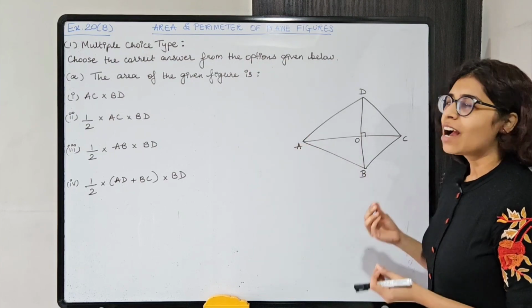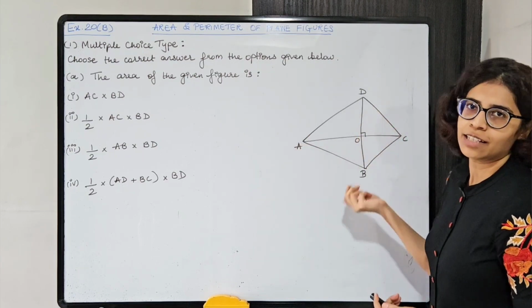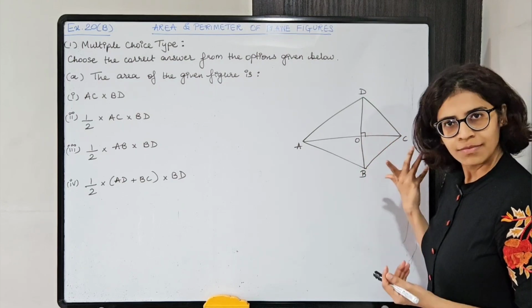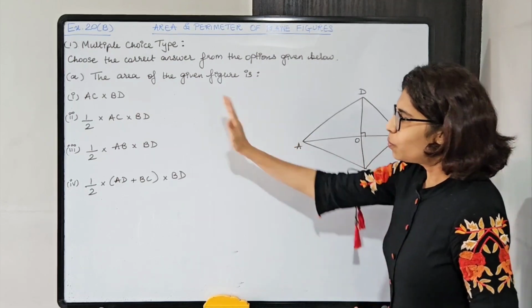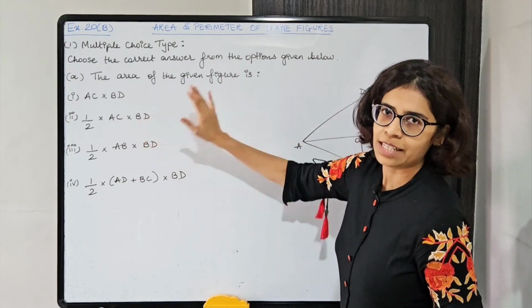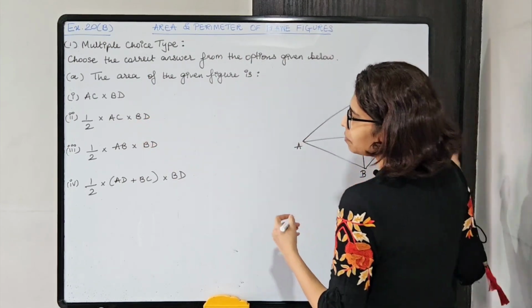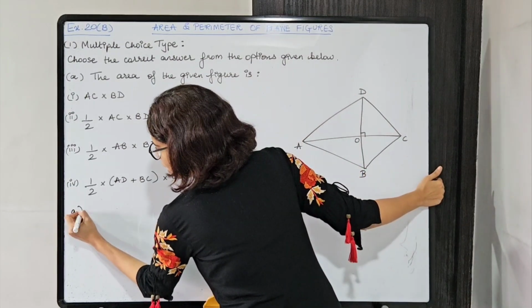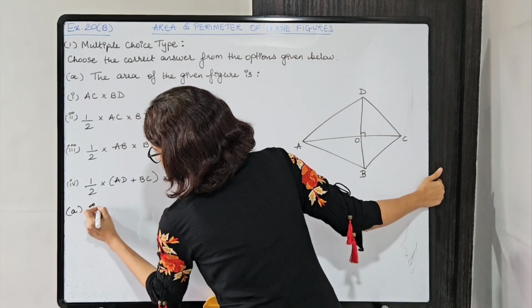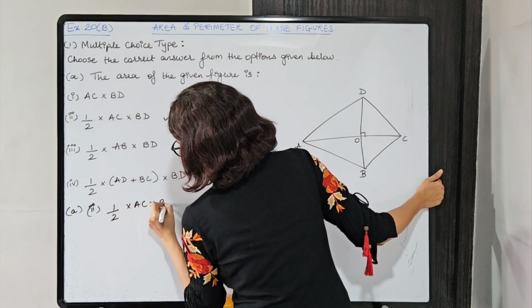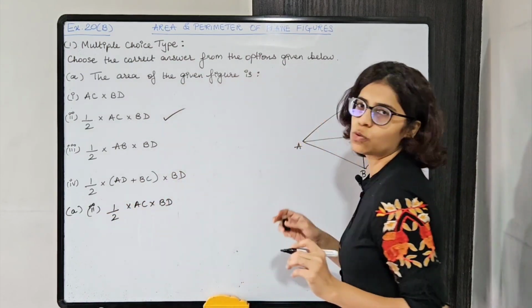Area will be half into product of the diagonals. So half into AC into BD. Okay. So over here the correct option will be the second one, half into AC into BD. Okay, this is the correct option. So for A, second option half into AC into BD is the area of the quadrilateral.